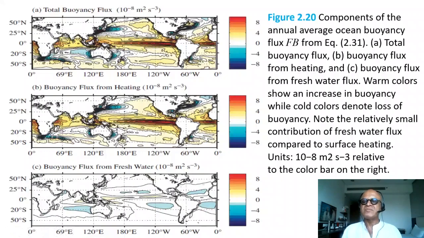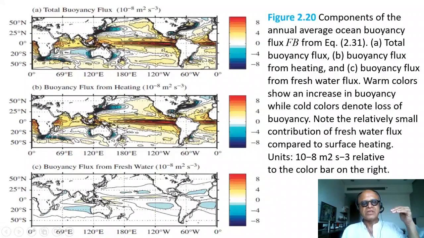Buoyancy flux from heating, buoyancy flux from fresh water, and warm colors show an increase in buoyancy, while cold colors denote a loss of buoyancy. So here heat loss means ocean is getting colder, it's losing heat to the atmosphere. Here ocean is gaining heat, so it's gaining buoyancy. Surface waters are getting warmer because of the heating, and the buoyancy flux, this is the total. This is from heat flux and this is from freshwater flux.